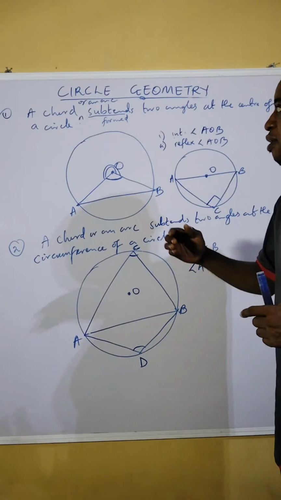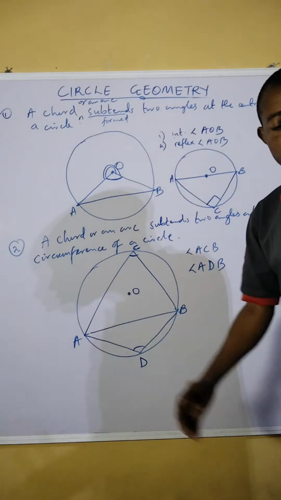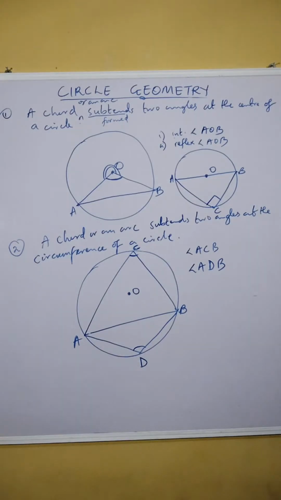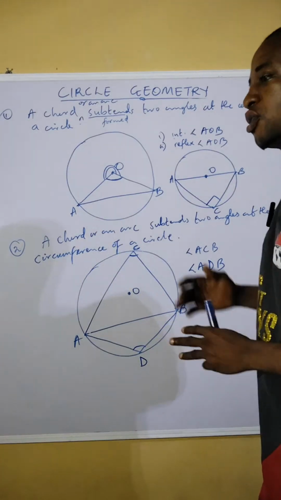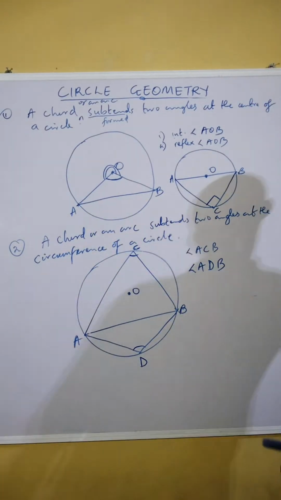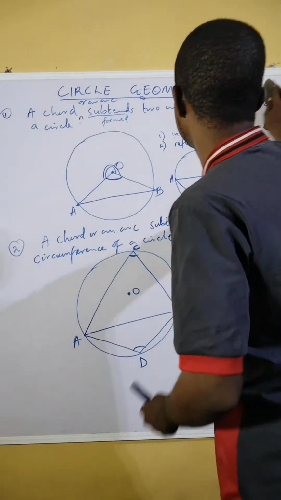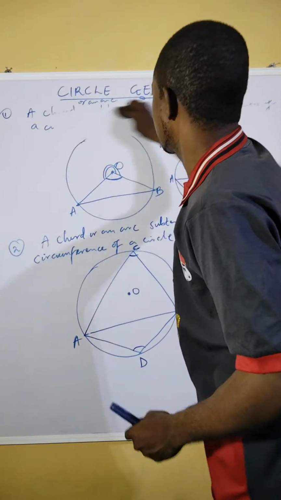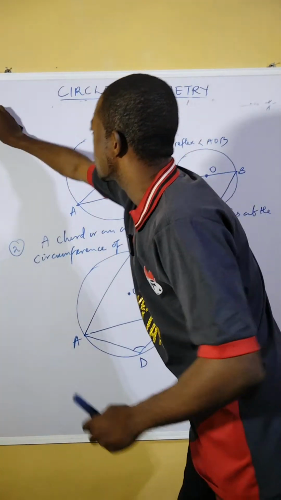So these are the first prerequisites for us to know before we look at the theorem properly. So well, let's look at the first theorem, which will become first in this class.